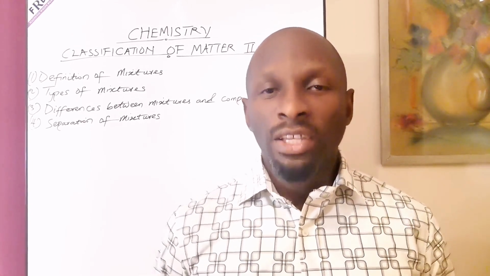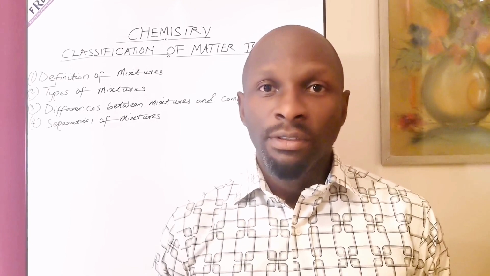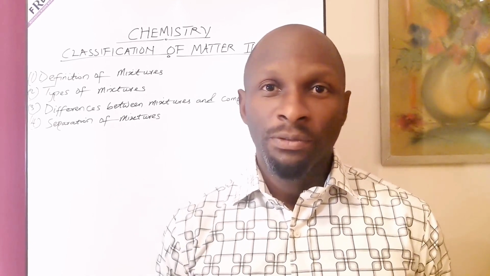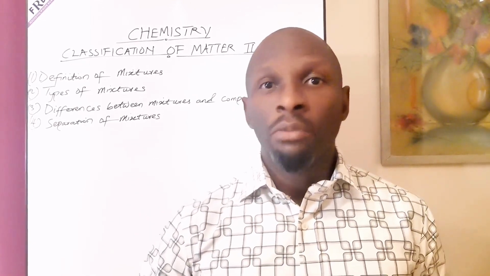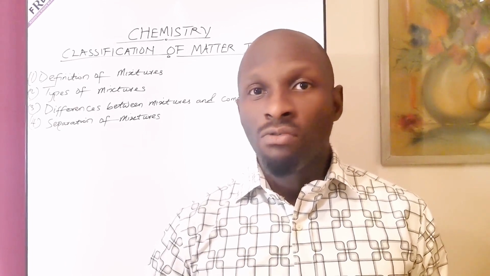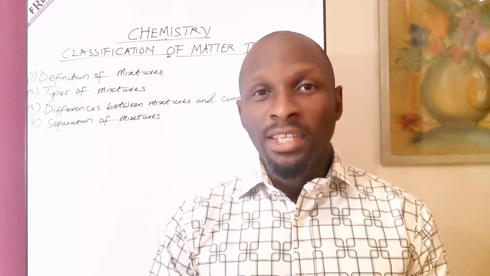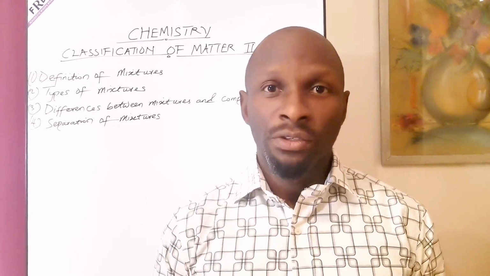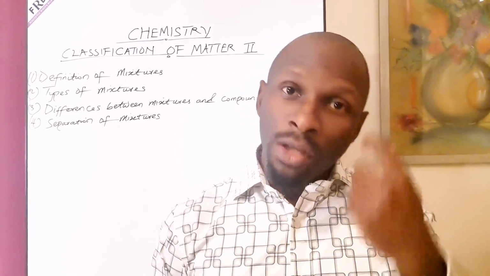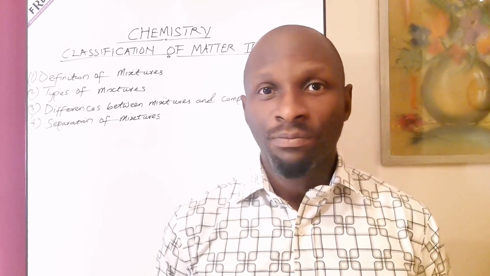Because I know that generally we know what mixtures are. The food we eat is a mixture. When you are baking bread or your cake, you mix things together. So it's a product of what? Mixtures. But in chemistry, what is a mixture?